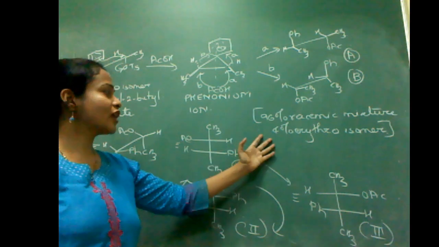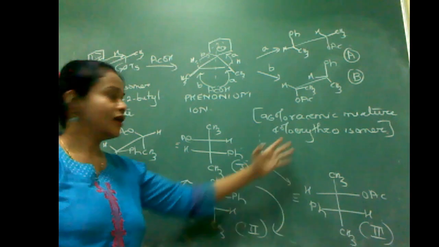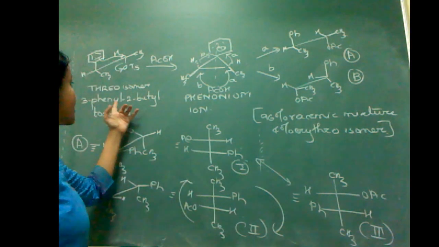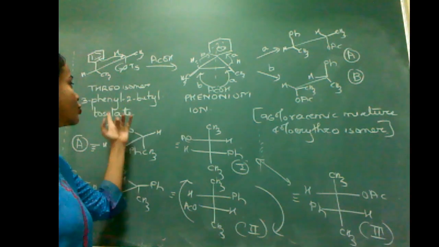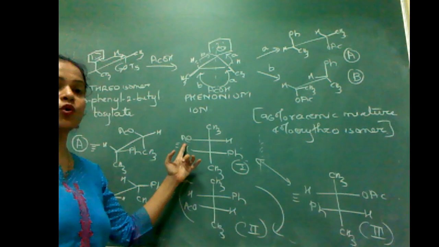And now how can you account for 4% of the erythro isomer? Now imagine, in this case, let us say the substrate is the threo form, that is 3-phenyl 2-butyl tosylate. So that means the tosyl group is present at the 2 position.